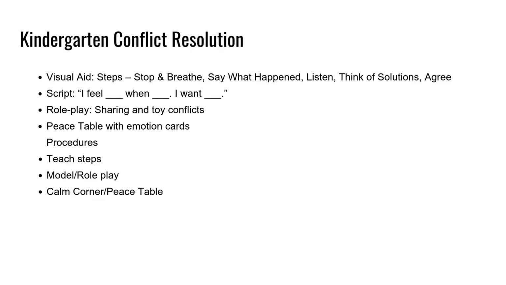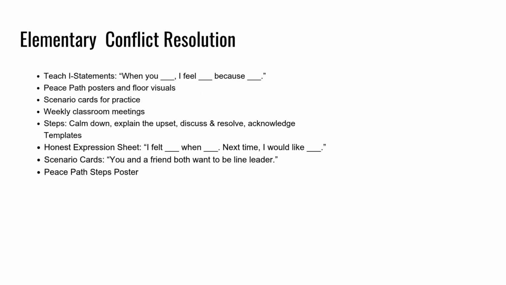Also, the peace table I mentioned earlier, here's where students sit across from each other at a table and use a simple script. I feel blank when blank, and then walk through the problem with the teacher's support. So now let's look at elementary grades 1 through 3.